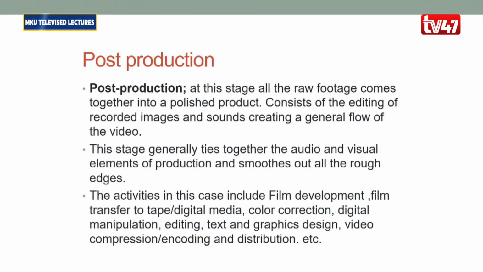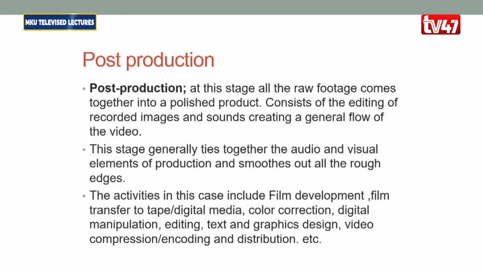With these activities of film development, you're transferring all the clips that you have from your cameras to maybe an editing machine, and after that, you're able to do color corrections, manipulate the video digitally, add some graphics, so that you're able to have an end product which is able to be distributed.